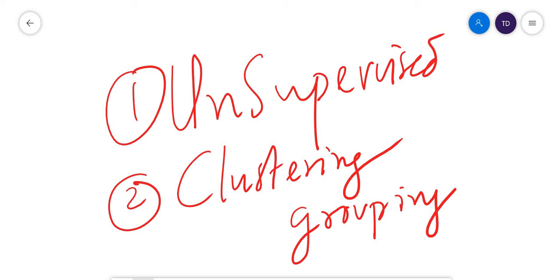Now I am getting into the details of this algorithm. In the name k-means clustering, first I am going to talk about what k is. K is the number of clusters you want to identify in your data.